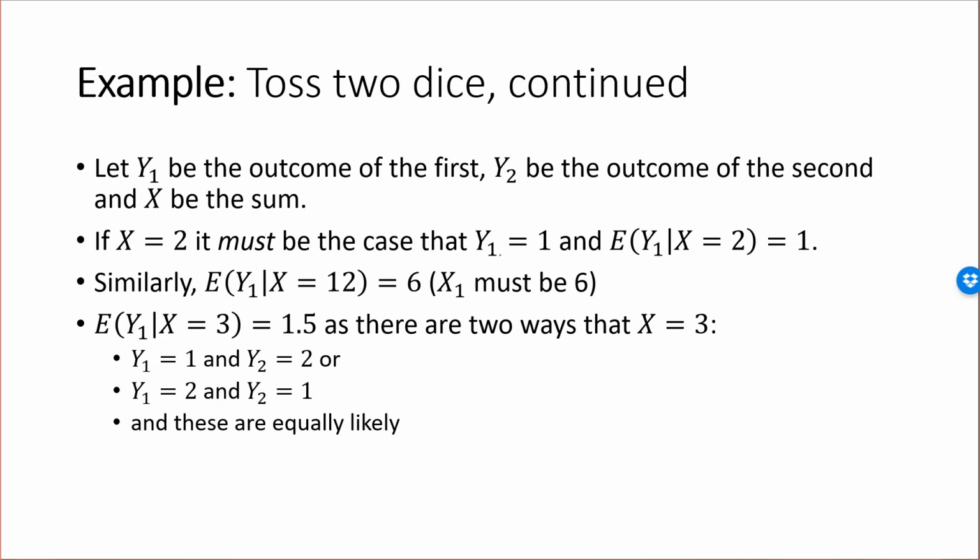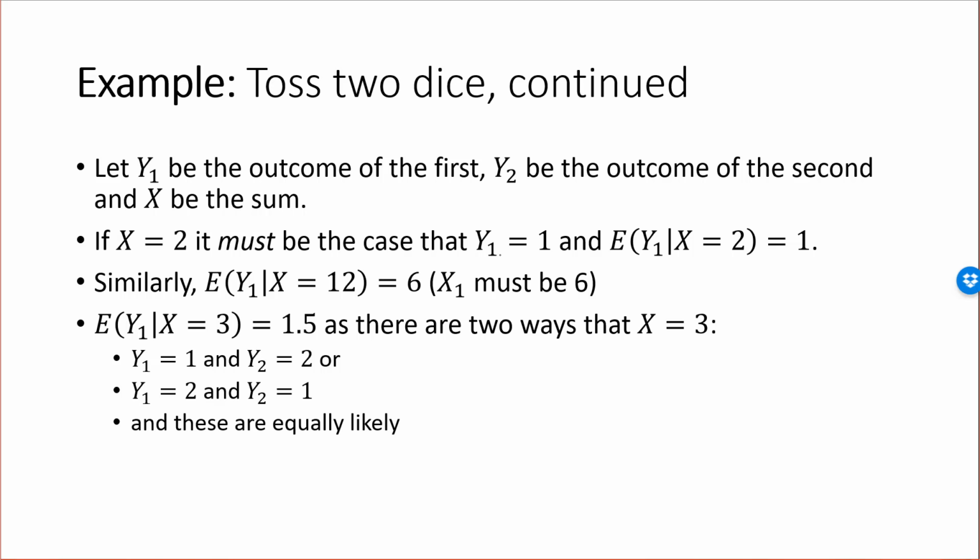The first one came out a 2 and the second one came out a 1. These two are equally likely. There's a 50-50 chance of these two events happening. And that means that the conditional expectation of y1 in this case must be precisely 1.5. 50% 1, 50% 2, and the expected value of y1 given x equal to 3 comes out to be 1.5.